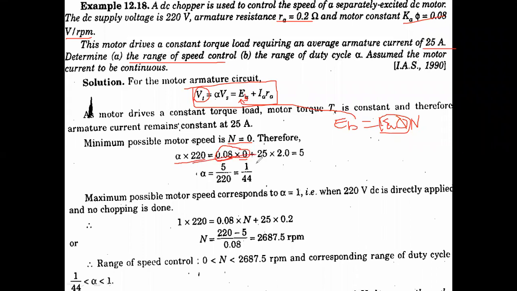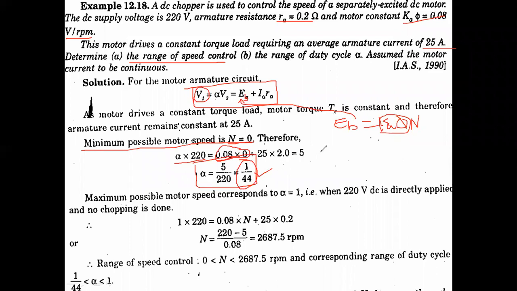If you simplify, you will get the duty cycle alpha, which is 1/44. This duty cycle is for the minimum possible motor speed. So for this chopper circuit, this is the minimum duty cycle that we need to use. So this is the minimum range.